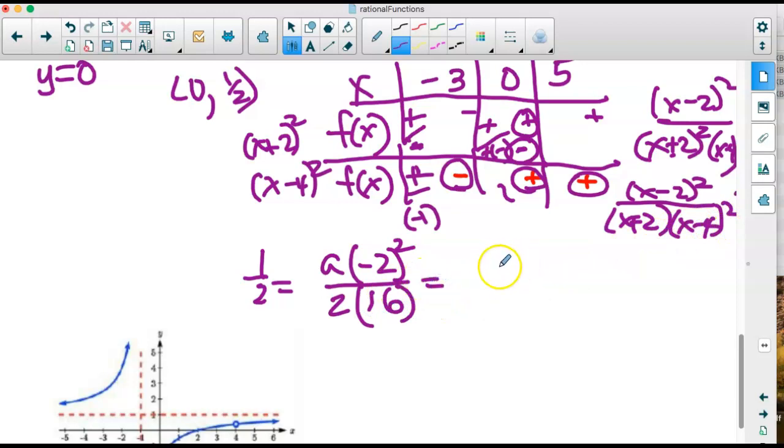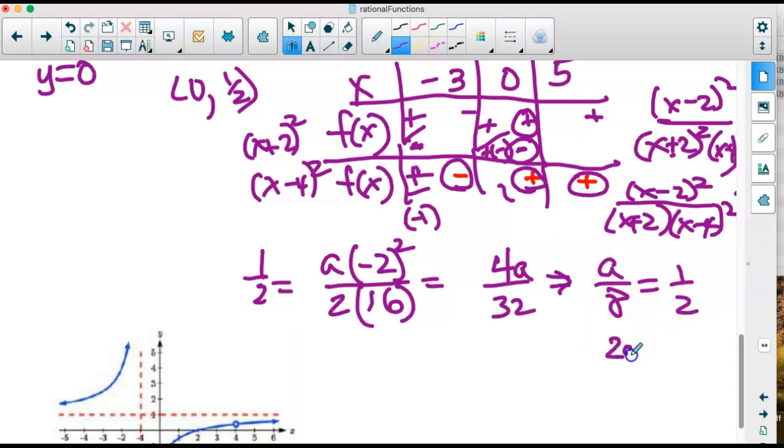Okay, so we're going to get over here 4a over 32. That's going to reduce to a over 8 equals 1/2. If we cross multiply, 2a equals 8. A is 4.